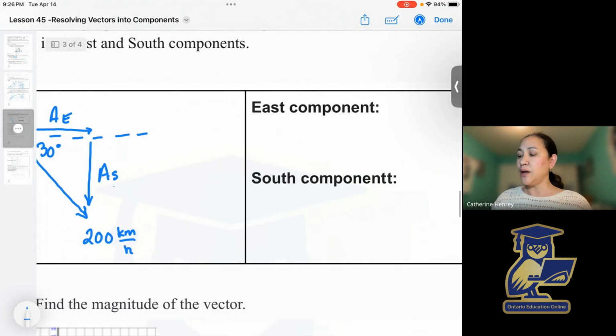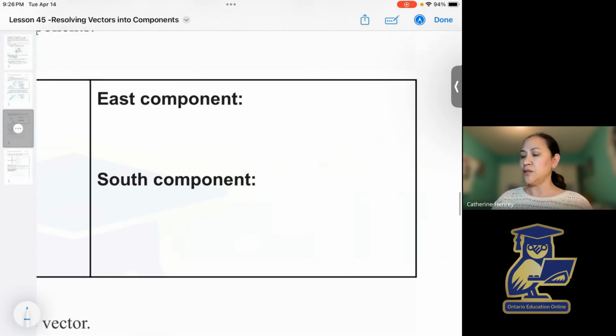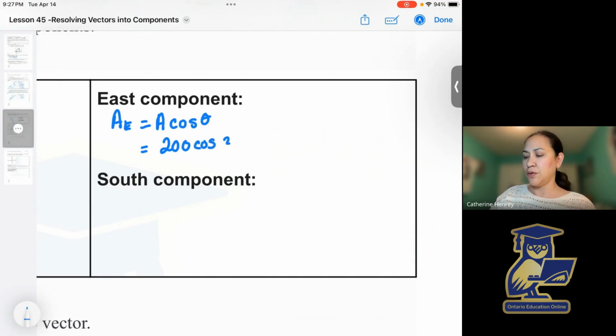The east component here in this case is actually our horizontal component. So A in the easterly direction is going to be A cosine theta, which is 200 cosine of 30. Using my calculator, I have 173.2 kilometers per hour east.